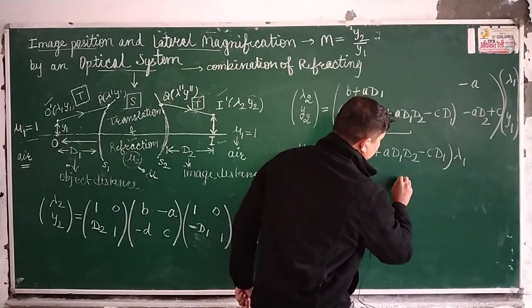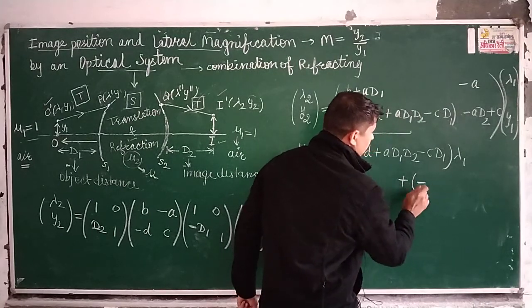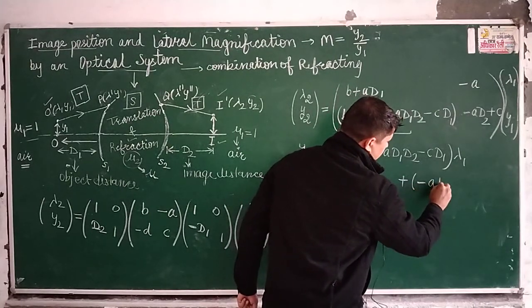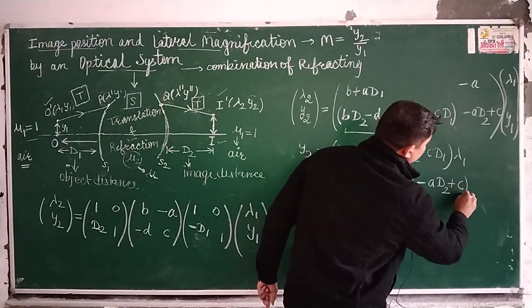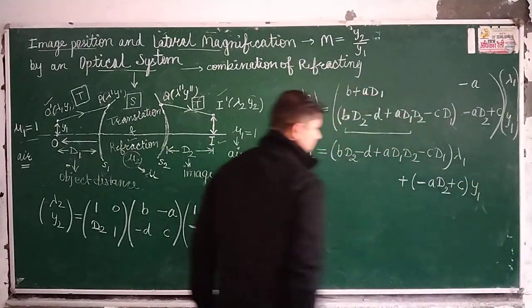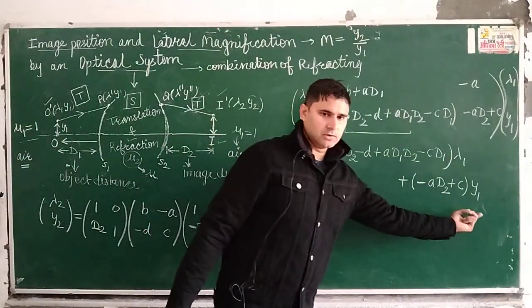So I am writing it here, taking minus inside the bracket, minus A d2 and then plus C into y1. Okay, so this is how you can connect y2 and y1.